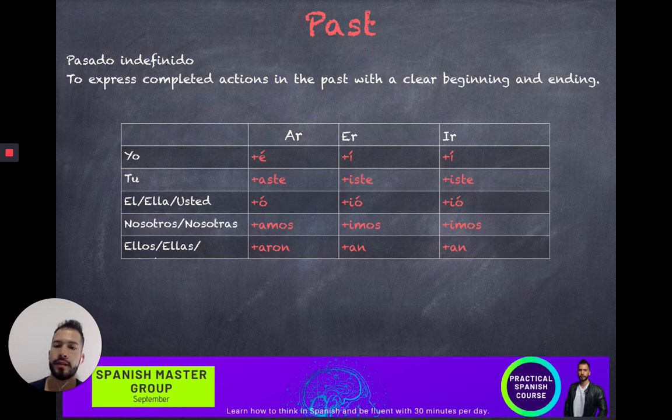For él, ella, usted, ó, and then ió for er and ir. Nosotros, nosotras, amos, and then imos for er and ir. And for ellos, ellas, ustedes is aron and ieron. That's the pattern. And what is it used for? To express completed actions in the past with a clear beginning and ending.